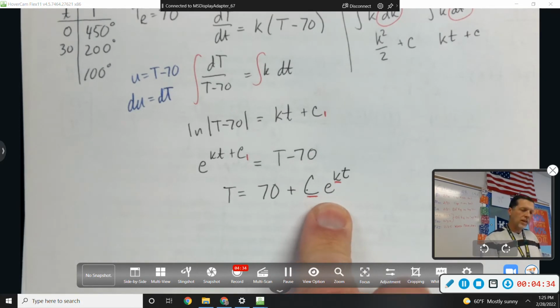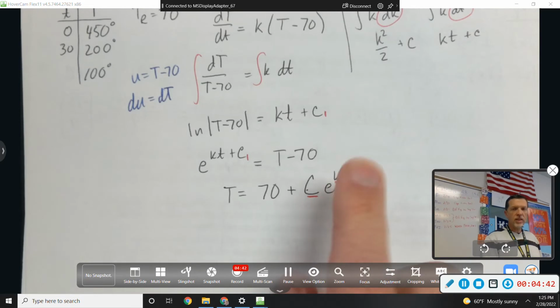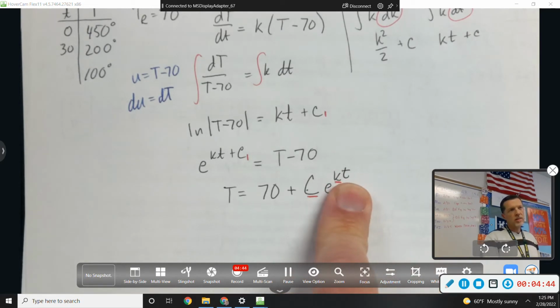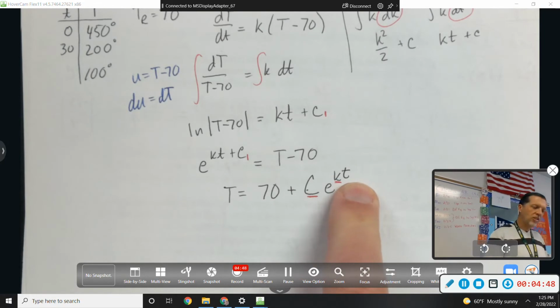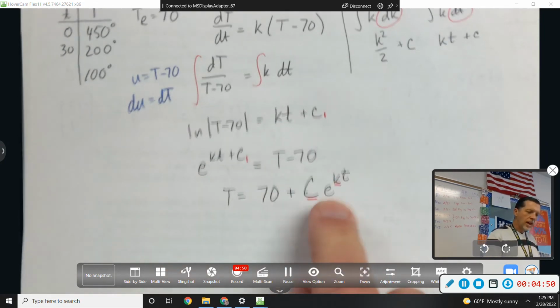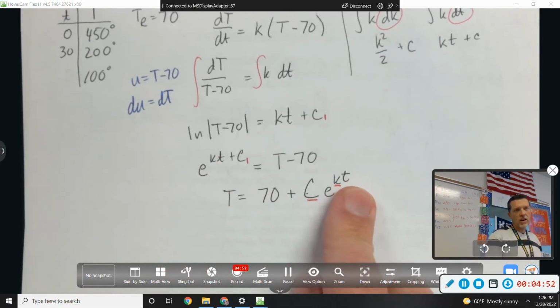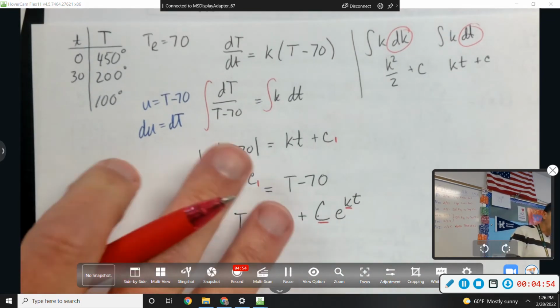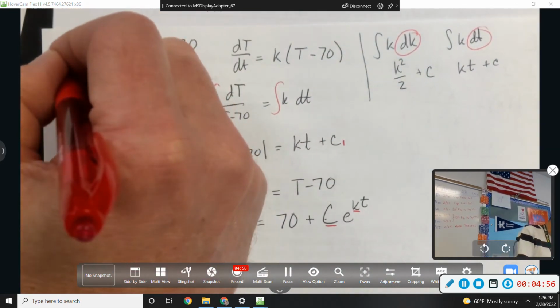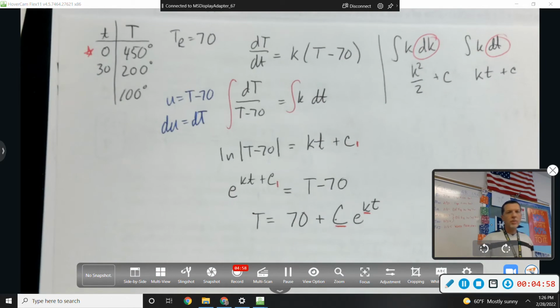We know what E is. K. Variable or constant? Constant. I don't know what it is, but it's a constant. T. Variable or constant? Variable. T is changing. So as time changes, temperature changes, and I need to figure out what C and K are. But they gave me 2 pieces of information, so hopefully that will be enough.